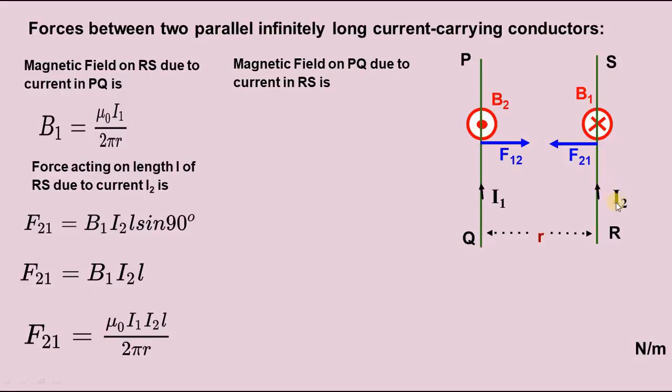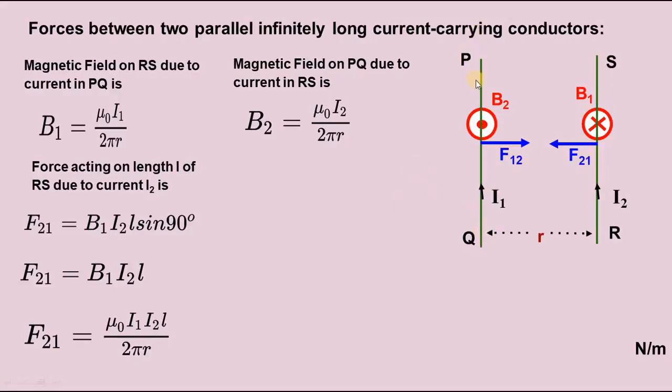The magnetic field produced by current I2 is given by B2, and it is given by the equation B2 equal to mu0 I2 by 2 pi r. The direction of B2 is given by the right hand thumb rule, and it is perpendicular to the page and outwards.